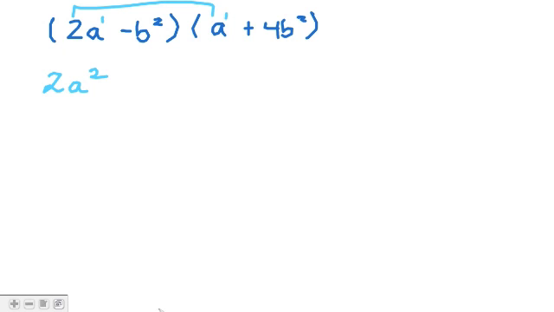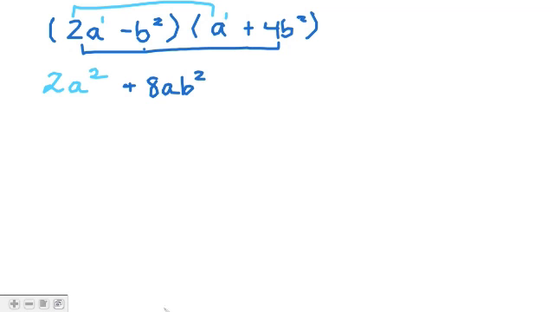Now let's do our first, outside, inside, last. Let's do our outside. Our outside numbers are going to be these two. So I have 2 times 4, which is going to give me plus 8ab squared.